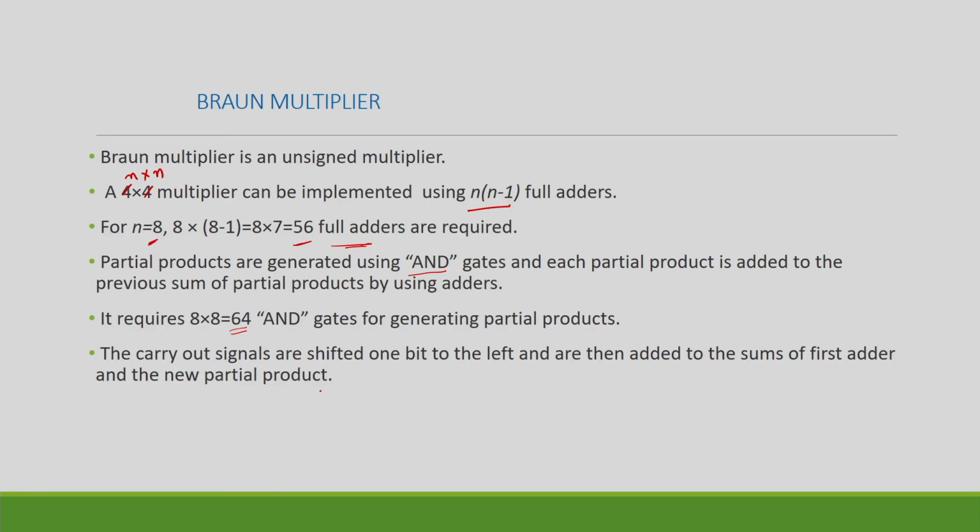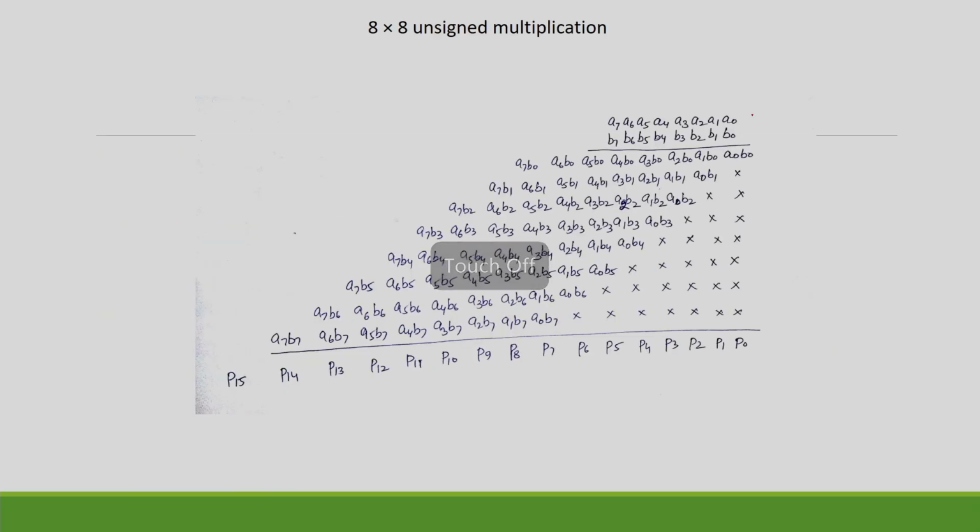Then as usual in any multiplication, we will first find out the partial products and then we will shift and then add. Okay. So, this will be better understand from the algorithm in the next slide. So, I have taken basically 2 8-bit numbers A7, A6 so on up to A0, B7, B6 so on up to B0, where A7 is MSB, most significant bit, and A0, B0 are LSBs, least significant bits.